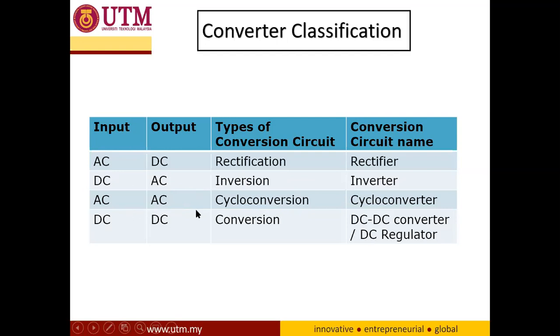But I want to highlight that AC to AC conversion is not very popular because it involves very complicated control of the switching and also the circuit. Usually what we do is convert AC to DC first and then convert back to AC.